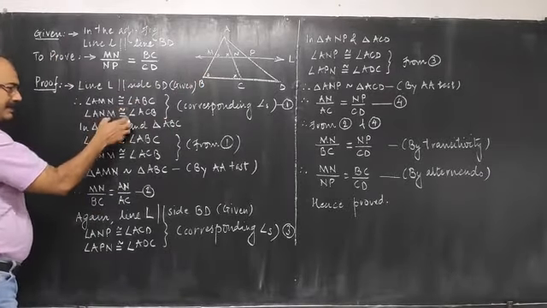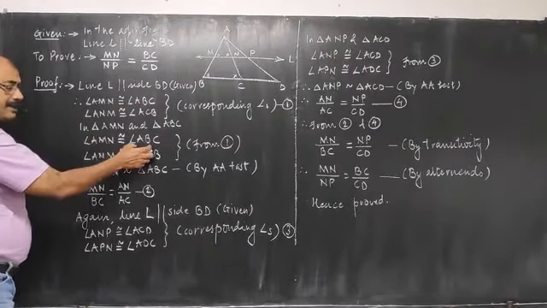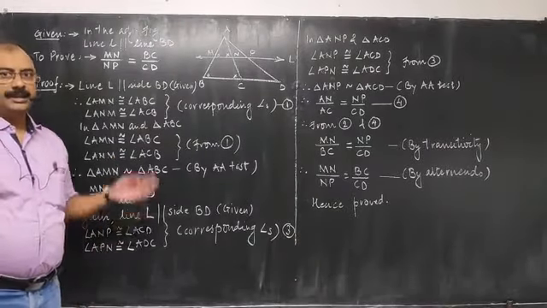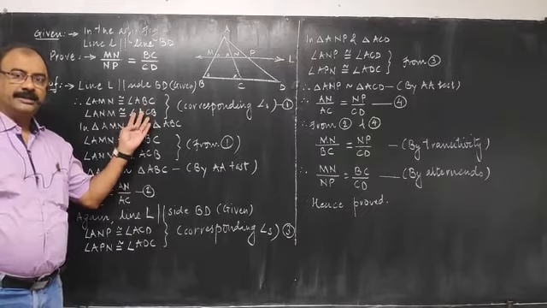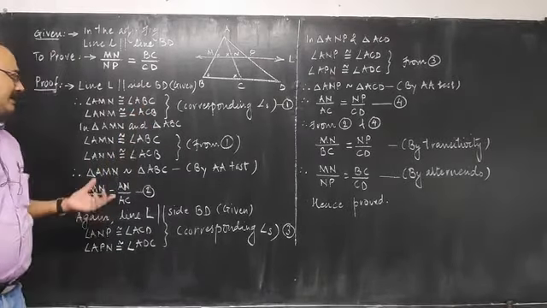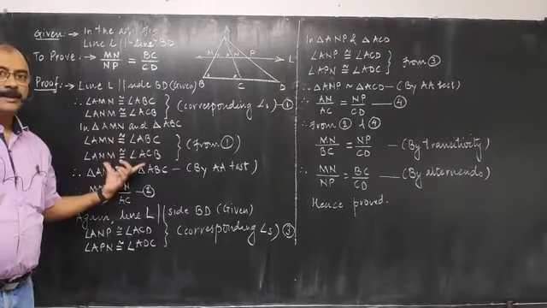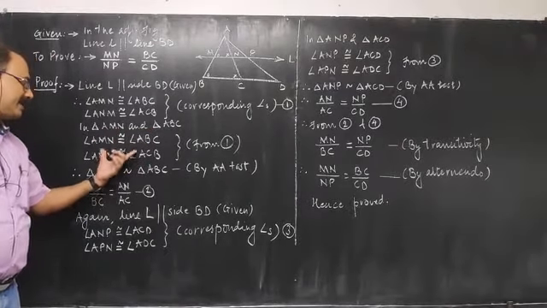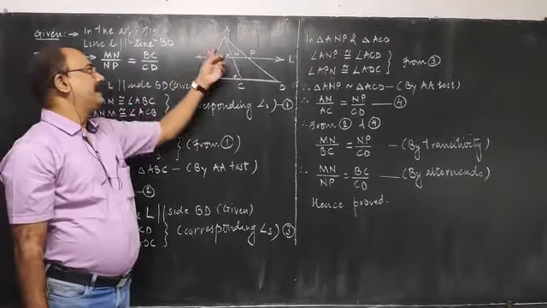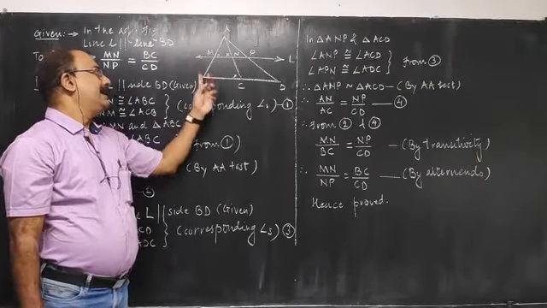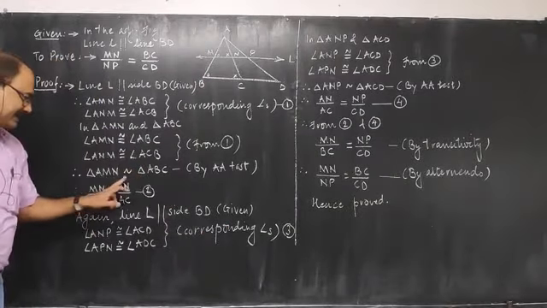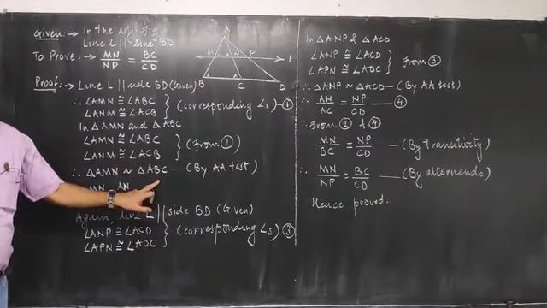AMN is congruent to ABC, ANM is congruent to ACB, because we have already proven that these are corresponding angles. Now two pairs of angles are congruent. Therefore, these two triangles AMN and ABC are similar by AA test.